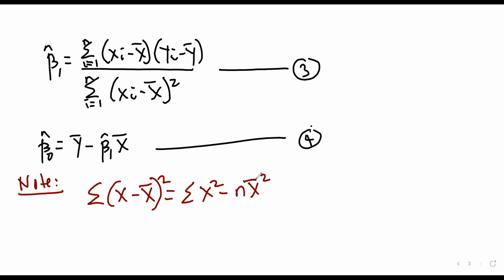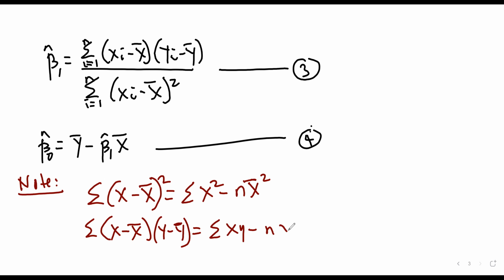Using the same logic, it can be shown that if you have x minus x bar, which is the numerator of equation number 3, and you have y minus y bar, this is the same as the summation of xy minus n x bar y bar. So you will find that it is easier to work with equation number 3 in the format given in the note.